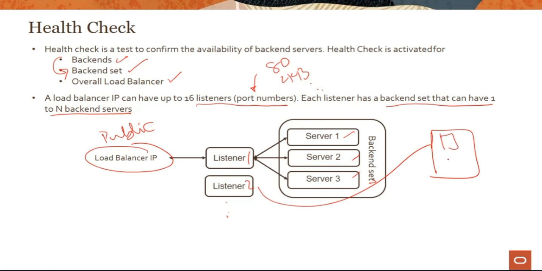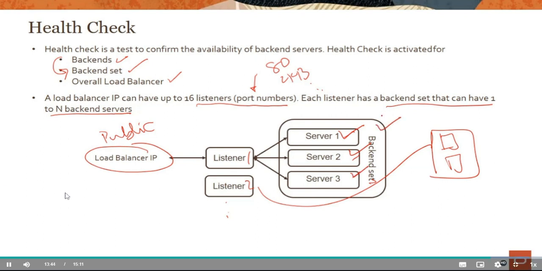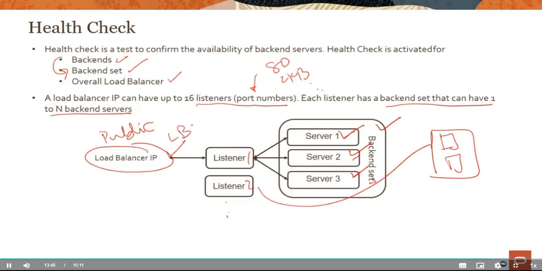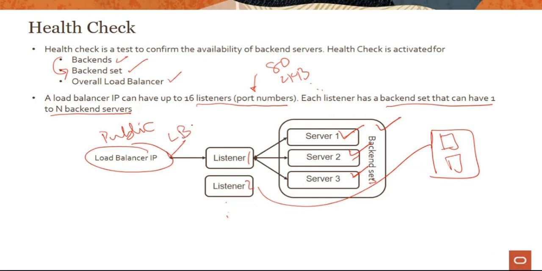It can have 2 different servers here, right? So your health check is available here, here, here. It's also available at the backend set level, and then it's also available at the overall load balancer level. So you have these different levels. You can check if any of these checks are failing, and then you can troubleshoot and figure out why they are failing, right?